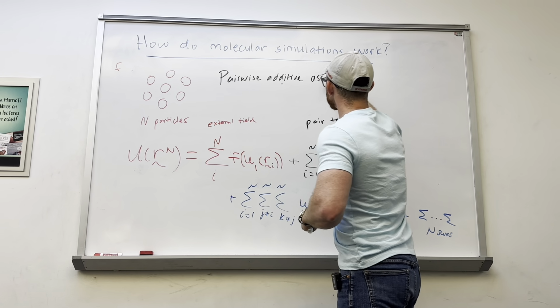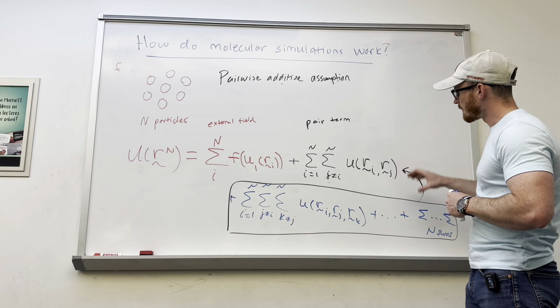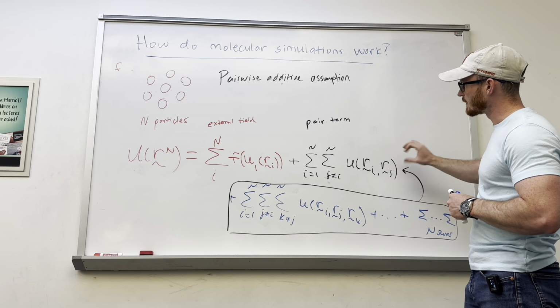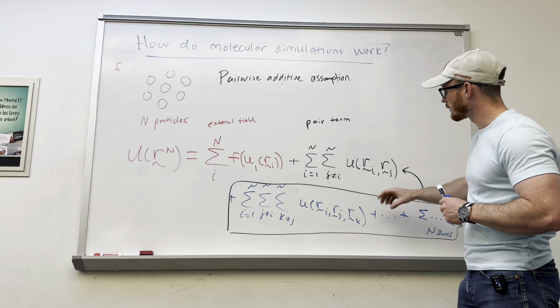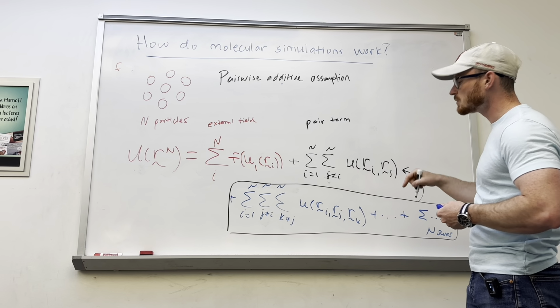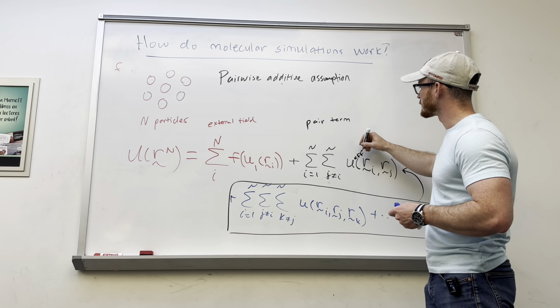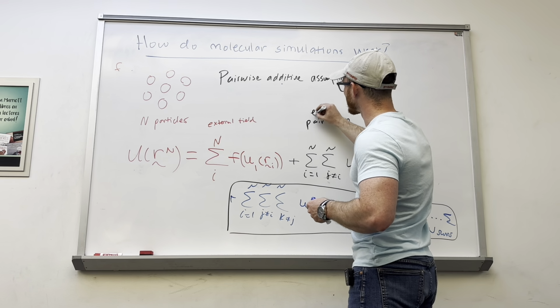So this is going to speed up our algorithms, and it's going to make a lot of these calculations possible. In certain instances, you may want to include these terms, but for now, we're making this pairwise additive assumption that all of these can get lumped into this term. And when we do this, typically we call this pair term an effective pair term, or the effective pair interaction.